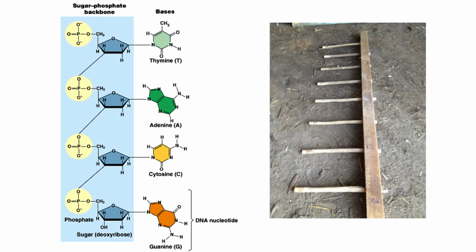And here, since it's only a single strand, we've only got half of a rung. And the rungs are the nitrogenous bases that are sticking out from the side of the backbone. Okay, so each nucleotide had its own nitrogenous base. All right, and if we had an RNA molecule, that's all you'd have. You'd have just a single strand.